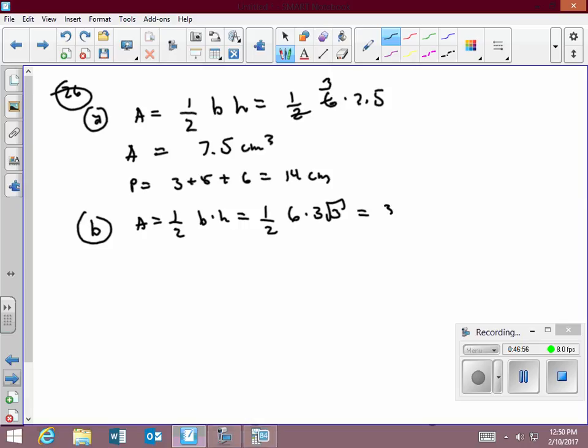So this is going to be 3 times 3 square root of 3, and I'll leave it at 9 square root of 3. Centimeters, no, it's feet squared. And the perimeter is going to be 3 times 6, right? 13 feet.